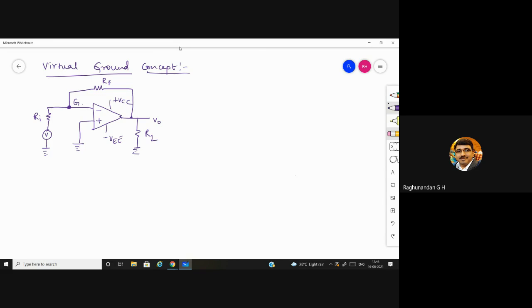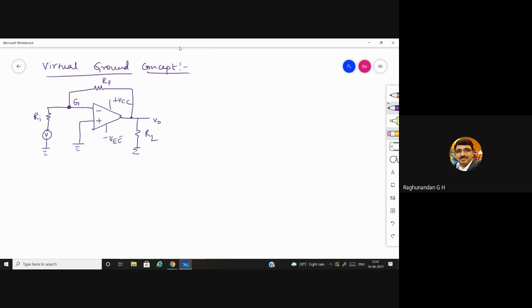Virtual ground concept. So here what happens is, you can observe to the inverting terminal we are giving a voltage supply, and the current will be flowing through this node, and even it flows through the RF. But here the positive terminal is grounded.